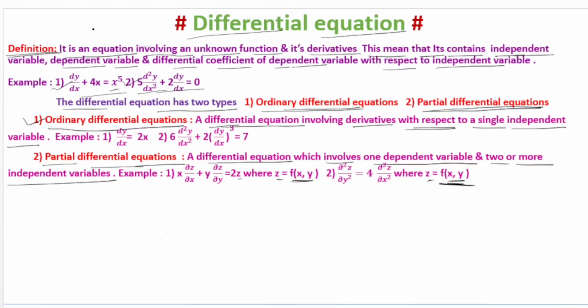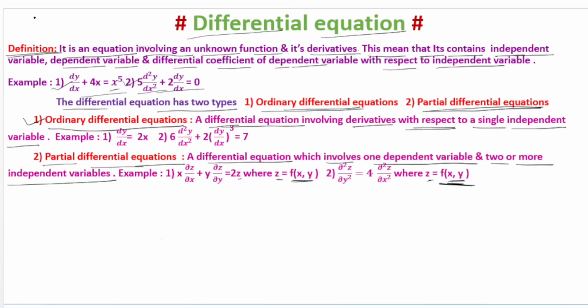So in this lecture we discussed the definition of the differential equation and its types: the ordinary differential equation and the partial differential equation. An ordinary differential equation contains only one independent variable.